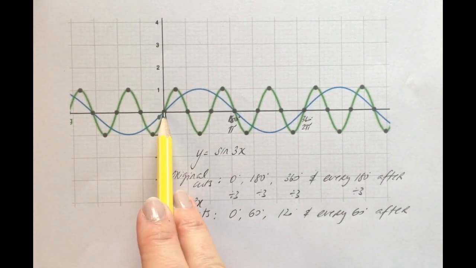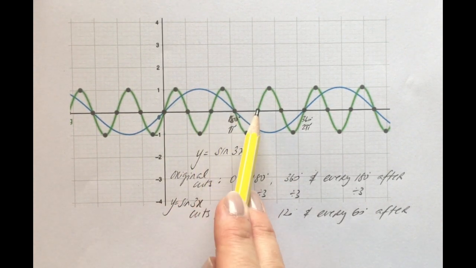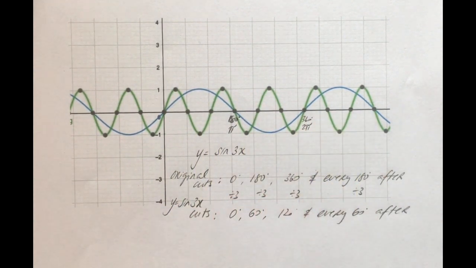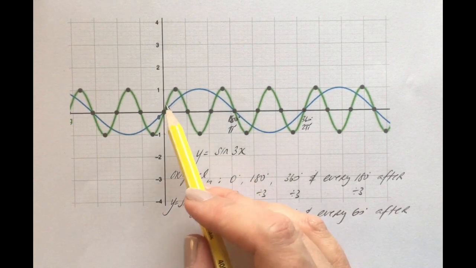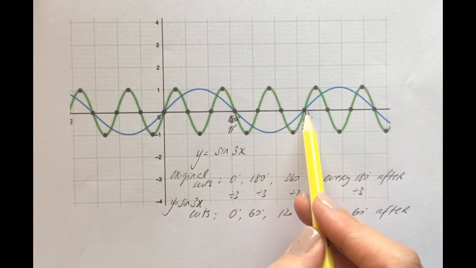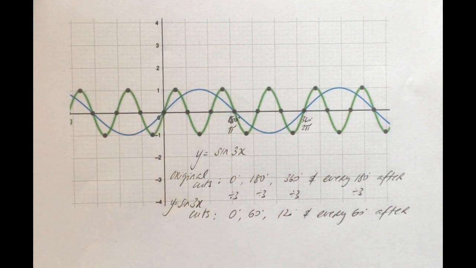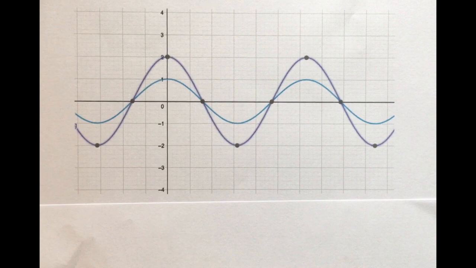Okay, so that is 0, 60, 120, 180, and so on every 60 degrees. Okay, so it's the sine 3x curve. The 3 in front of the x, of course, causes the squash. There's 3 times as much curve squashed into that same period as originally, but the range is still minus 1 to 1.